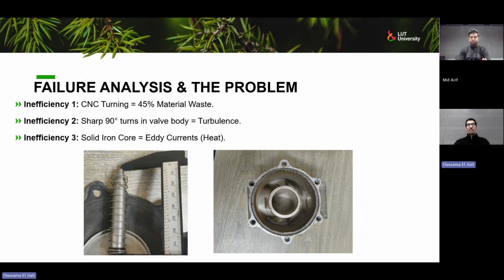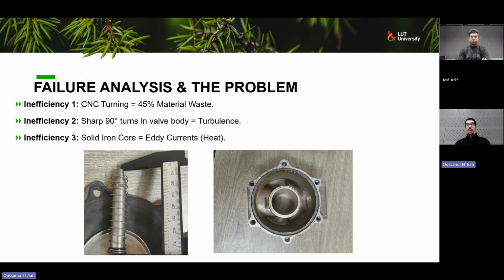So upon closer inspection, we identified 3 critical inefficiencies in our legacy, or old, design. As you can see in the left photo, the armature surface shows concentric feed lines, and this was made by CNC turning. Machining a cylinder from bar stock like this wastes approximately 45% of the raw stainless steel.